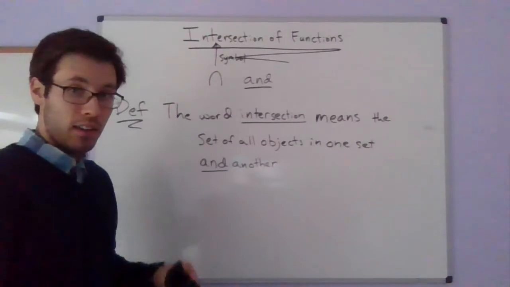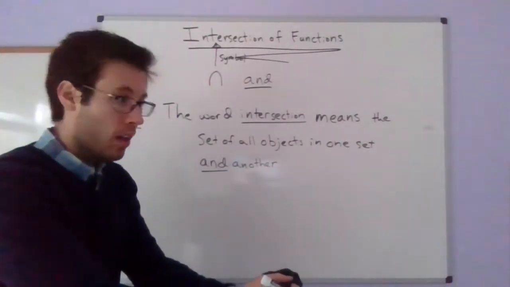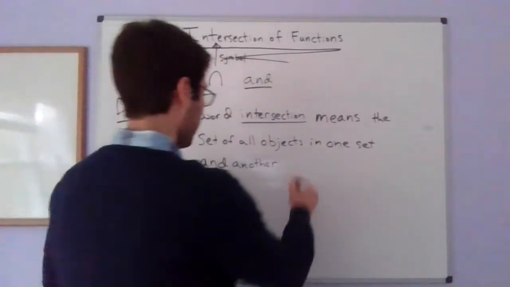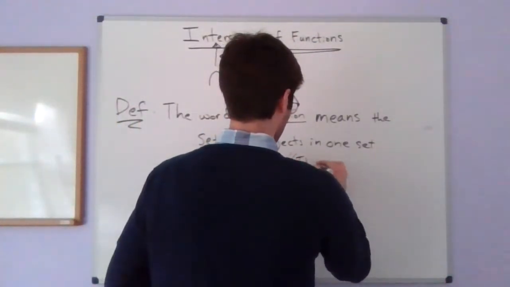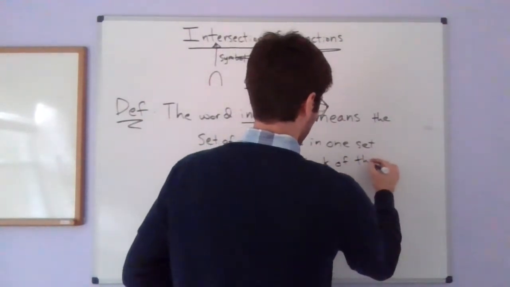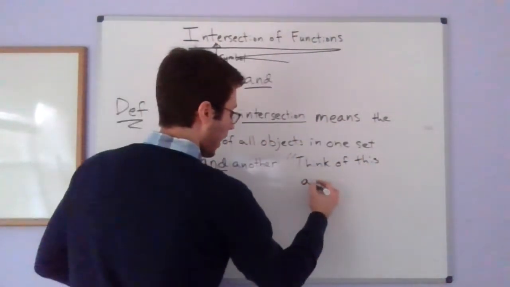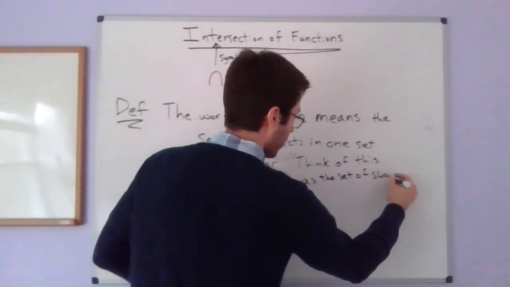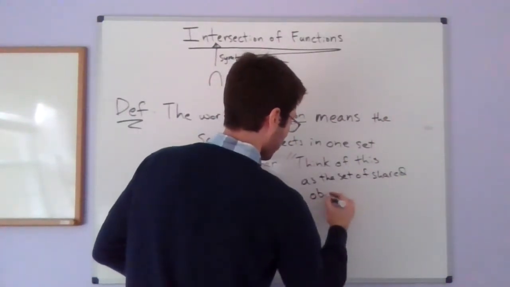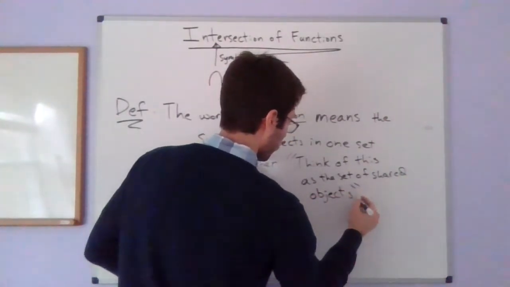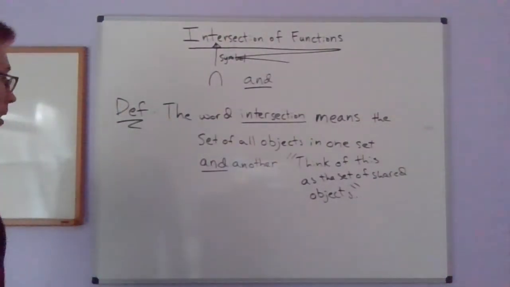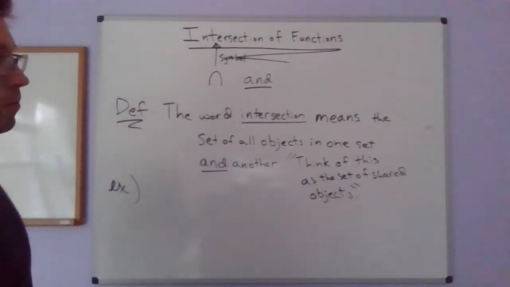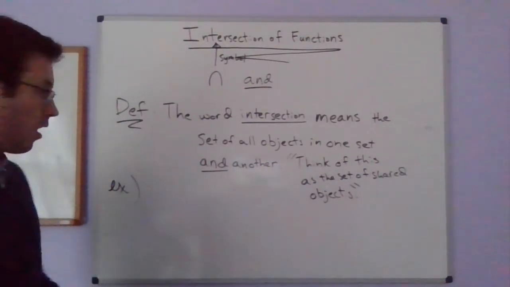When we say it's in one set and the other set, you want to think of that as the set of shared objects between the sets that you're given. So it is an operation, which means that it is in context to two other sets.